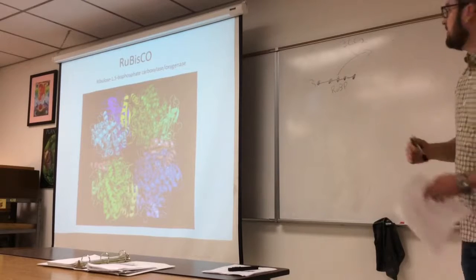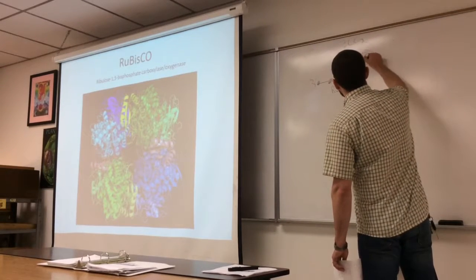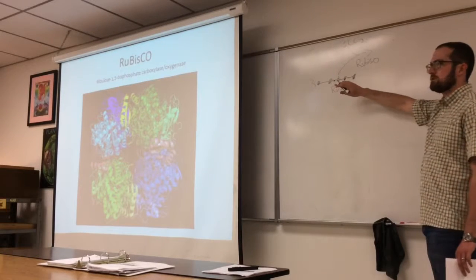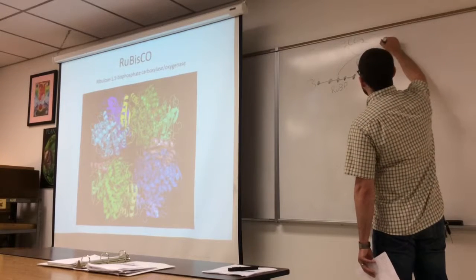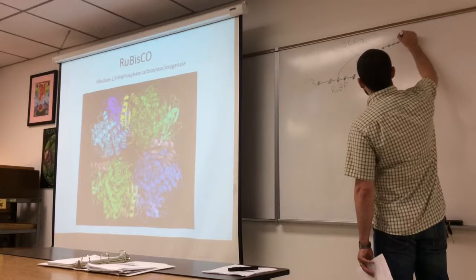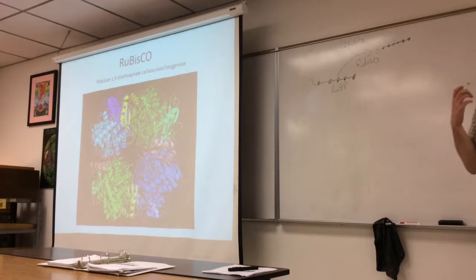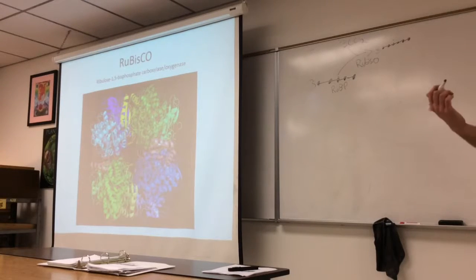And so after rubisco does its thing, we're going to wind up with a 6-carbon molecule. So let's say 3 6-carbon molecules like that. But as it turns out, those 6-carbon molecules are actually really unstable.